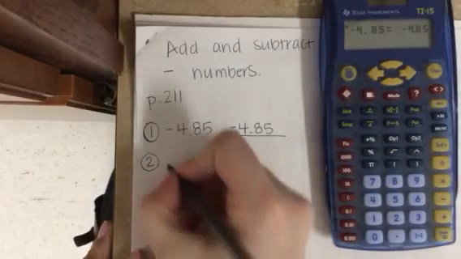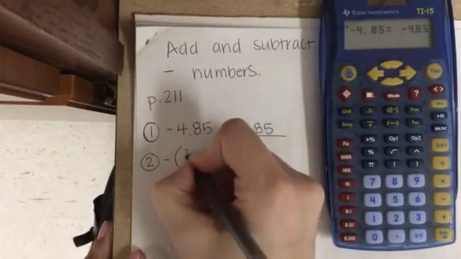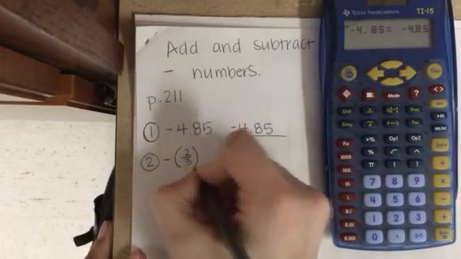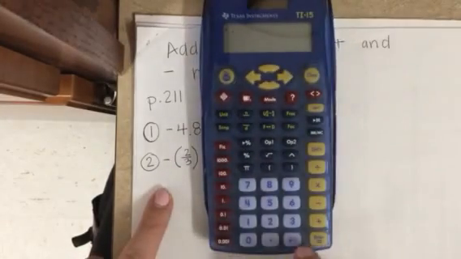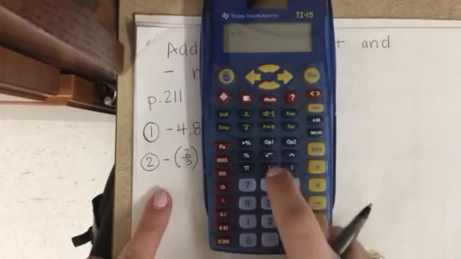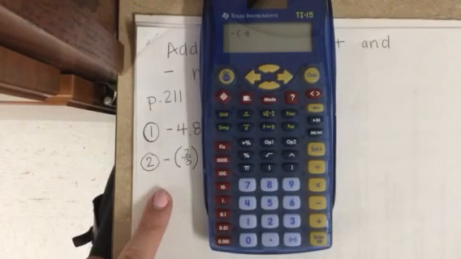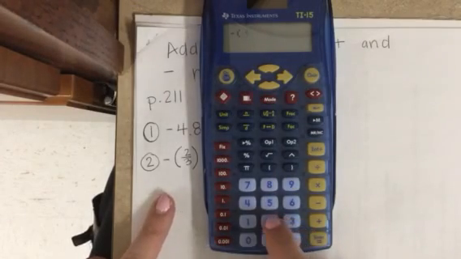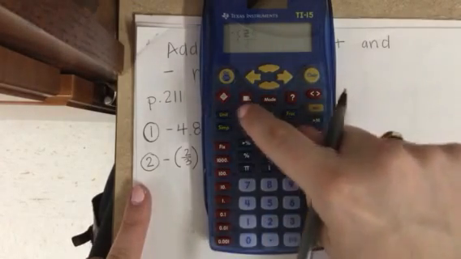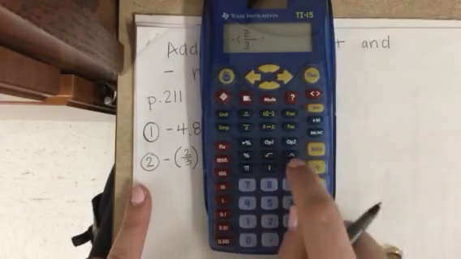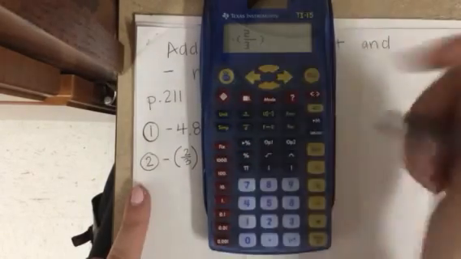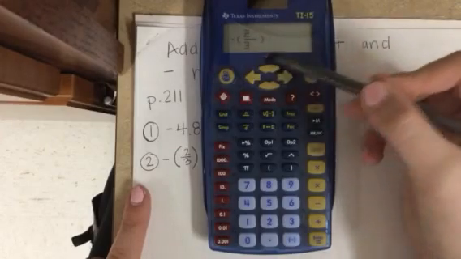Number 2, we are supposed to type in negative and then in parentheses 2/3. So we need to type it exactly like that. So we start with our negative, that's outside the parentheses, then it does want us to put a parenthesis. To do 2/3, you type 2, numerator, 3, denominator, and then put my parenthesis, so it will look exactly like this on your display as well.